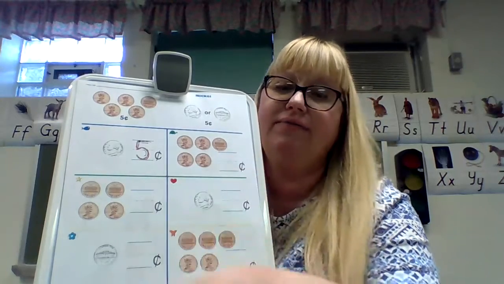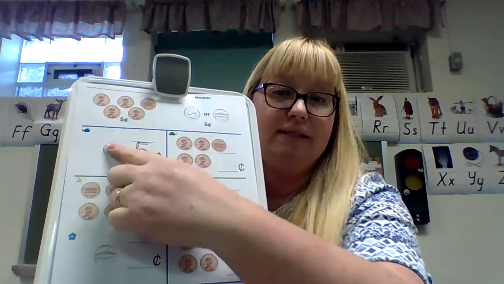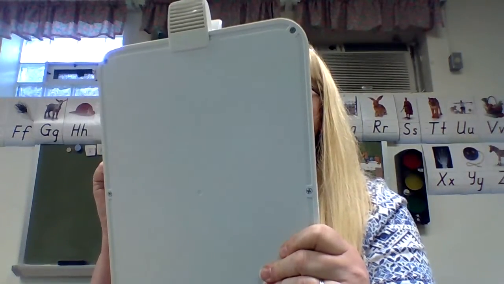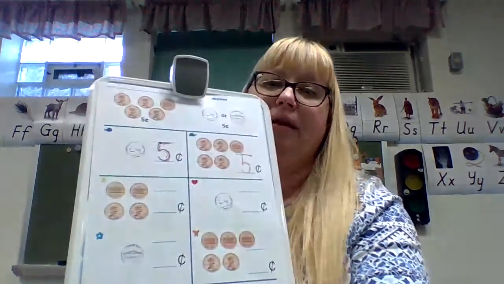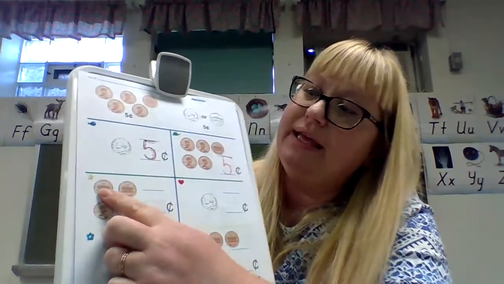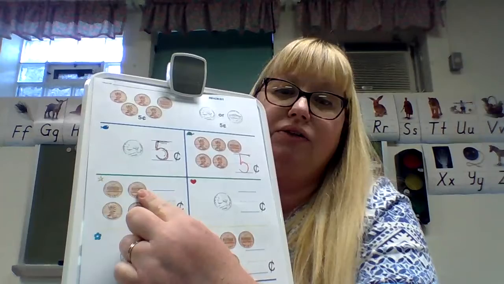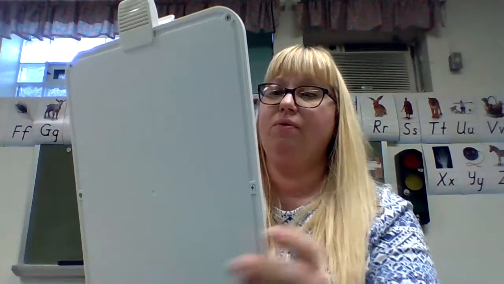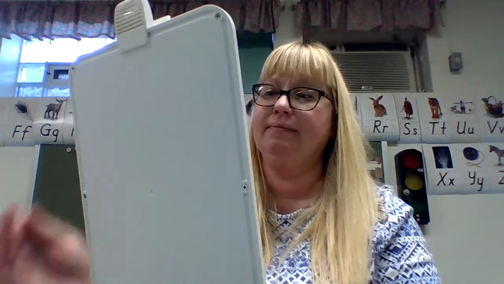So that's also 5 cents. See how just 1 nickel is 5 cents? The 5 pennies is also 5 cents. So write a 5 there. How many pennies do I have here with the yellow star? 1, 2, 3, 4. So write 4 cents.